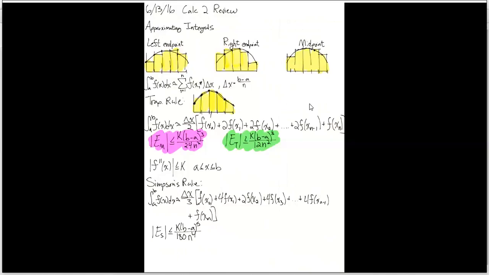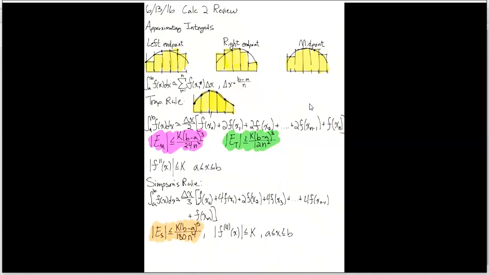What this k is in this expression is the bound on the fourth derivative. So very similar to the other expressions, just remember that it's the fourth derivative rather than the second derivative. Let's go ahead and highlight this.